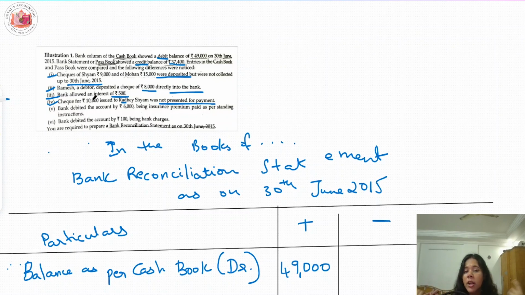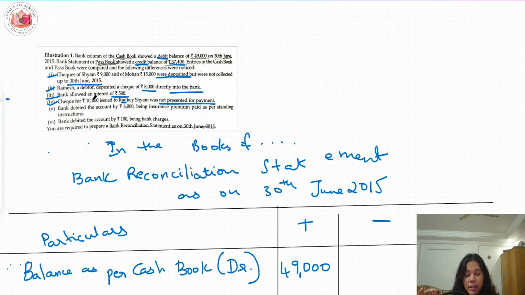So what did my accountant do? Since I have written a check, he assumed that I have made the payment and he deducted 10,000 rupees from my cash book. So my cash balance is low. But actually, my 10,000 rupees is still in the bank. That check has not been presented. I have wrongly deducted it from my cash book because I still didn't present that check.